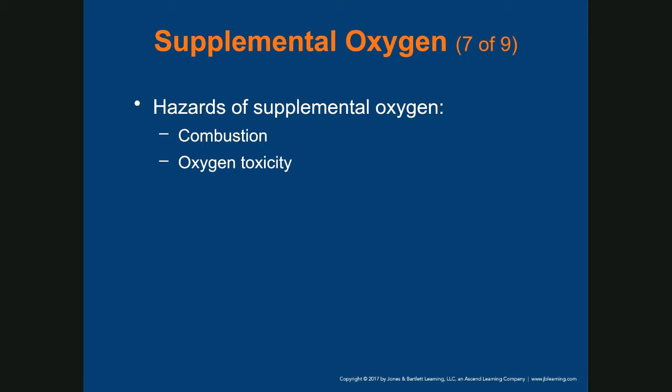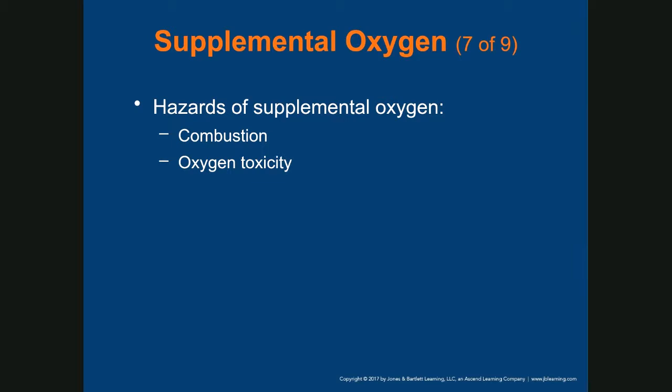In other words, you're putting oxygen molecules in the blood that have no cell to bind to. And when we have free radicals moving around in the body, they will damage cells that already have oxygen on them. So too much oxygen can be bad for a patient.